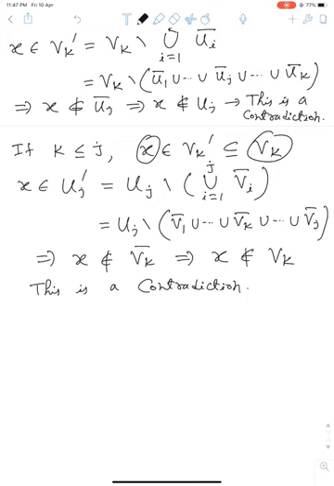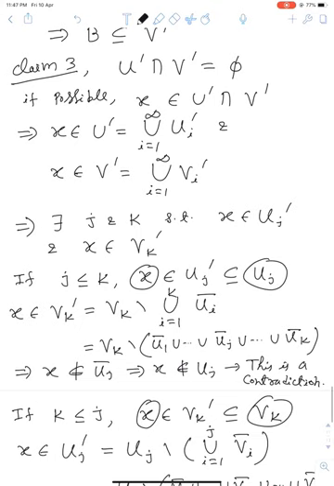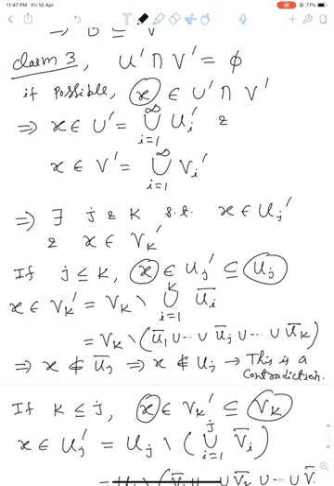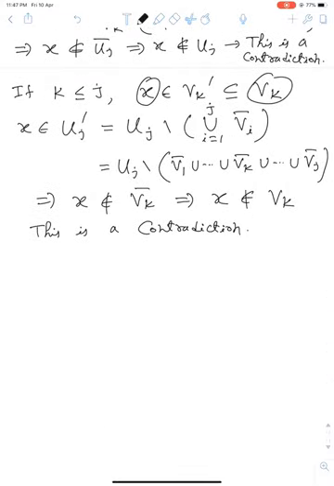Therefore, we assumed that if possible x belongs to this set, right? So this is not true. That means U dash intersection V dash is empty. So thus we get two open sets U dash and V dash containing my disjoint closed sets A and B, and their intersection is also empty.